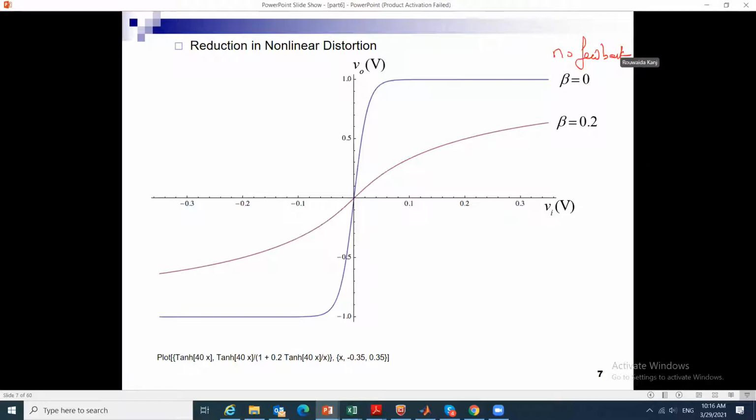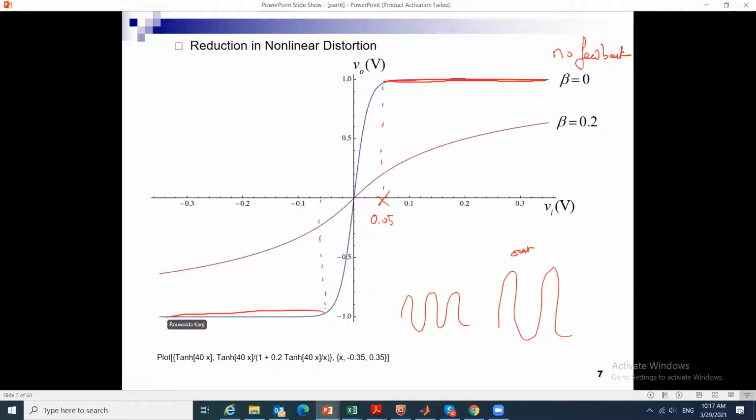If previously I was able to sustain an input signal of, let's say, 0.05 volts in amplitude, meaning I was able to send an input up till here and the output was not distorted, but if my input exceeds this value, the output may be distorted because the response of the amplifier flattens here. I can only amplify in the linear region, for a given A.